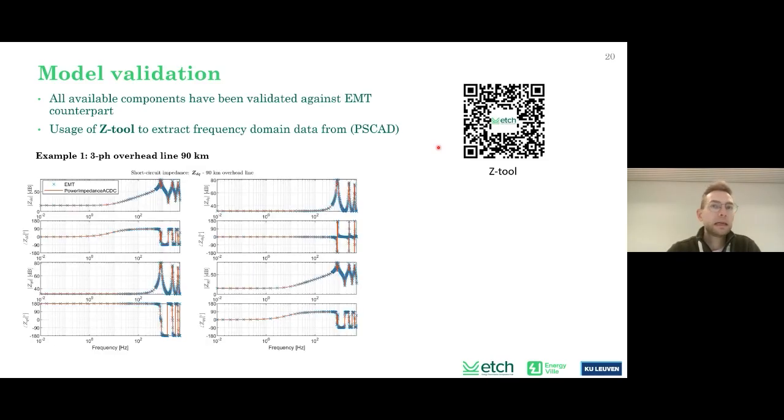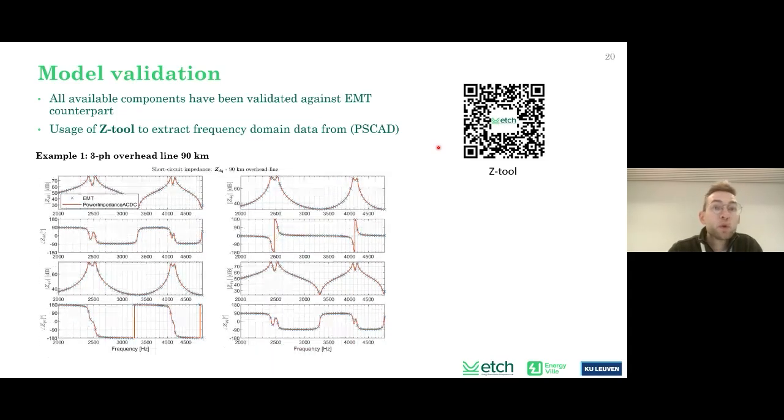So again, we see here that our analytical model matches the EMT counterpart from 0.01 hertz up to, I think I went up to 5 kilohertz. So this is really nice. So we really have a wideband match here.